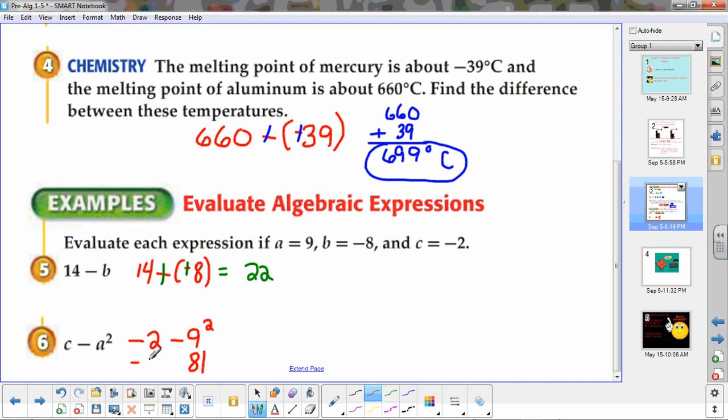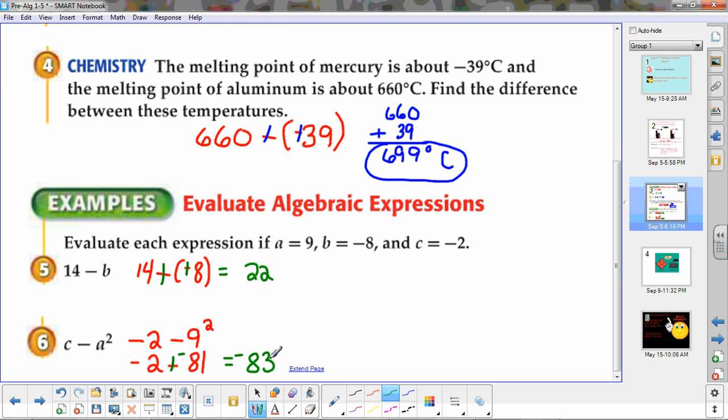So we have a negative 2 minus 81. Now, since it's subtraction with negatives, change it to adding the opposite, or chop minus. Now they're both the same sign, so you're going to add the two numbers. 81 plus 2 is 83, and keep the sign the same, so it's going to be negative.